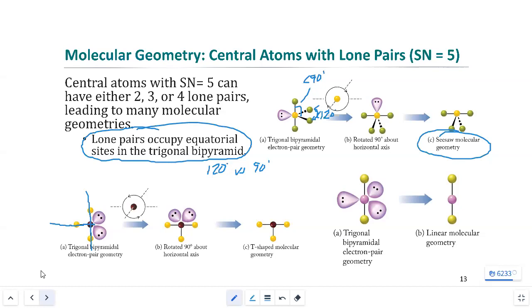It's T-shaped. Bond angles here are slightly influenced, so we are still going to call them less than 90 degrees apart.